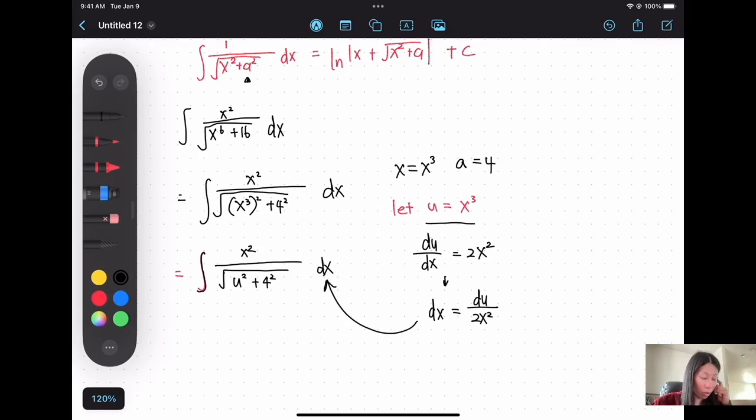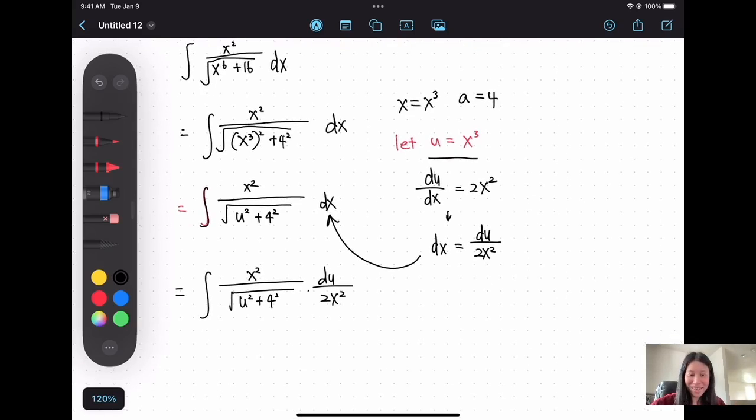Now I substitute this back into our dx, which is du over 3x squared. The x squared terms get cancelled out, and I can even pull the 1/3 outside. So now the function is 1 over the square root of u squared plus 4 squared, du.